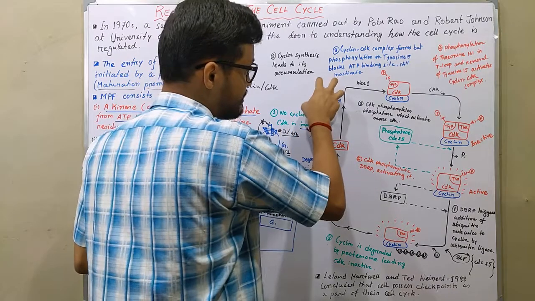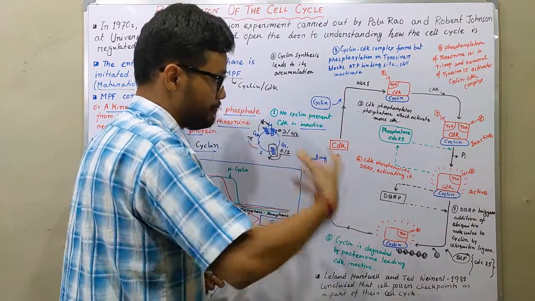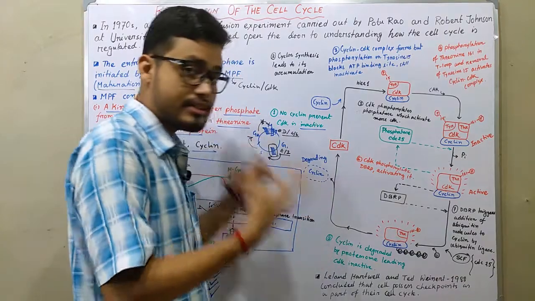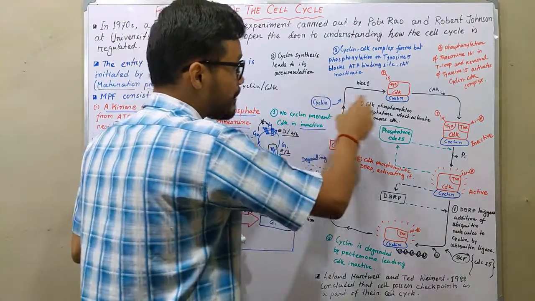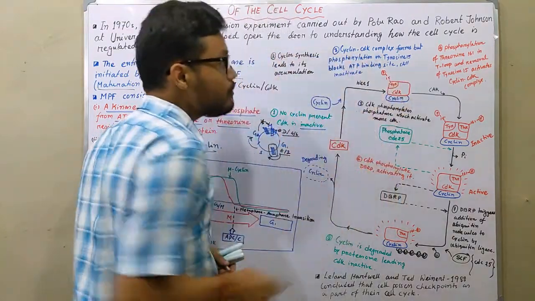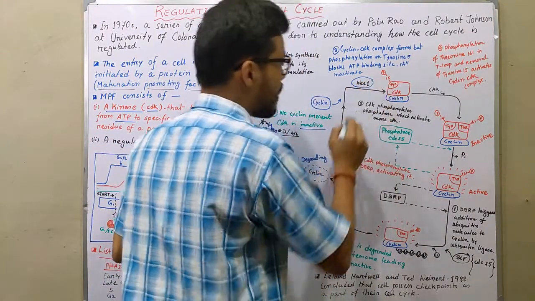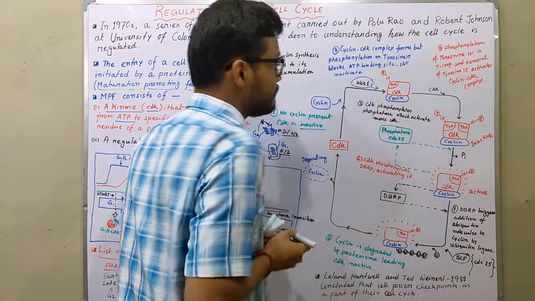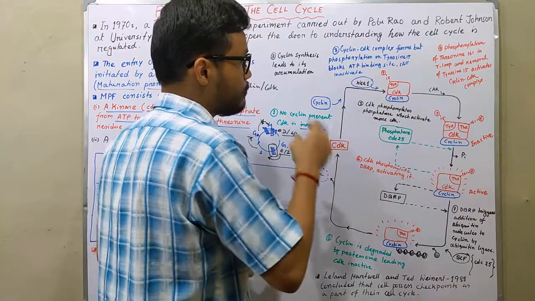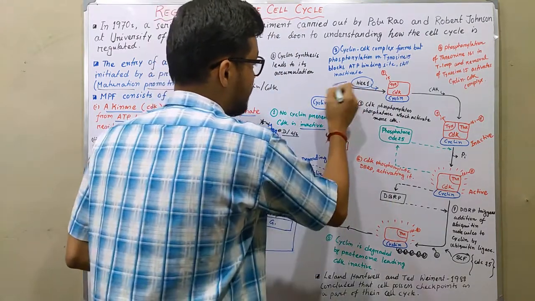But when cyclin is present, or is building up inside of the cell, then cyclin binds with the CDK, along with an inhibitory kinase, that is Wee1, which is activated, and Wee1 actually phosphorylates. Wee1 is an inhibitory kinase.